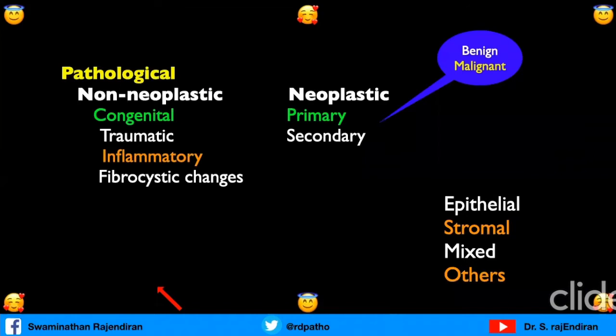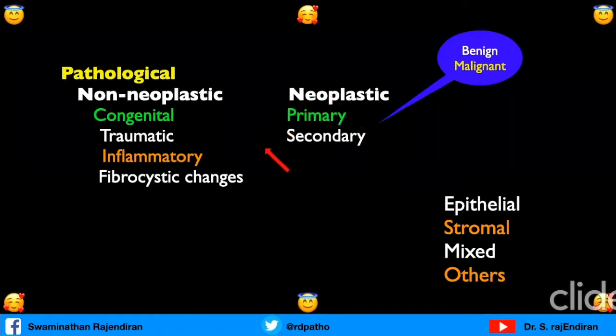And how do we traditionally classify breast lesions? Usually we divide any organ's lesions the same way. The traditional classification is non-neoplastic and neoplastic. In the non-neoplastic, it is congenital, traumatic, inflammatory, and fibrocystic changes in the case of breast. And in neoplastic, the main classification is whether it is primary or secondary.